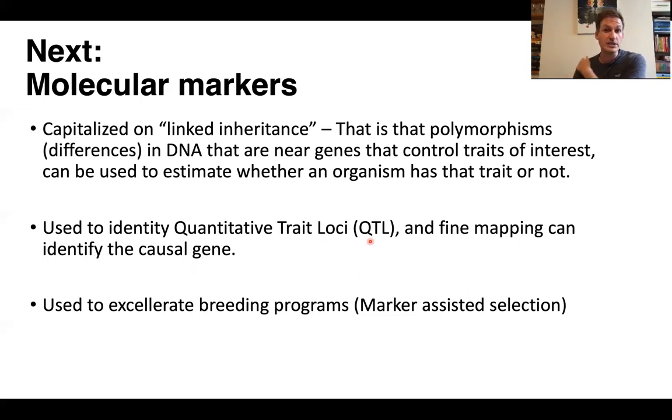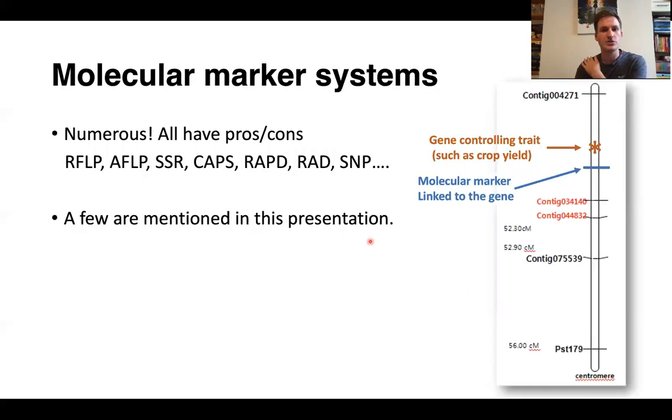And if we use these markers in a real breeding population, we can speed up the process to incorporate these traits into whatever breeding populations you want. There are so many molecular marker systems. It's a whole topic on its own. I've just had a list of them here.